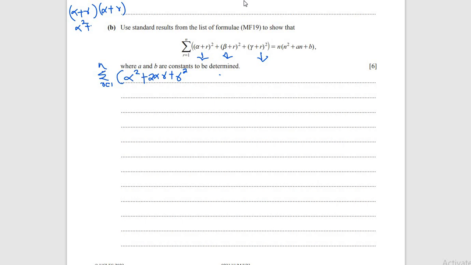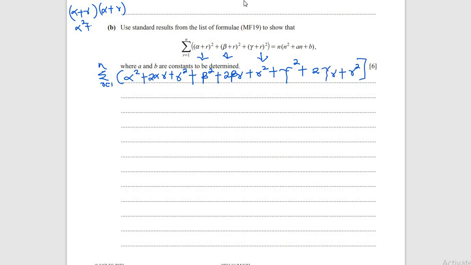The same thing with the other one, beta plus r, beta squared plus 2 beta r plus r squared. The same thing with the third one, gamma squared plus 2 gamma r plus r squared.